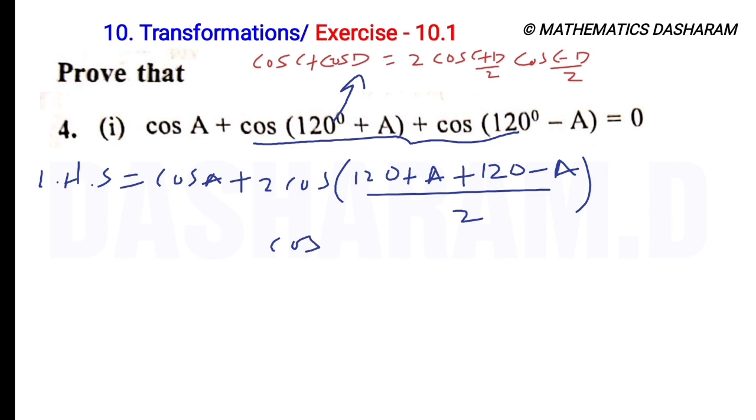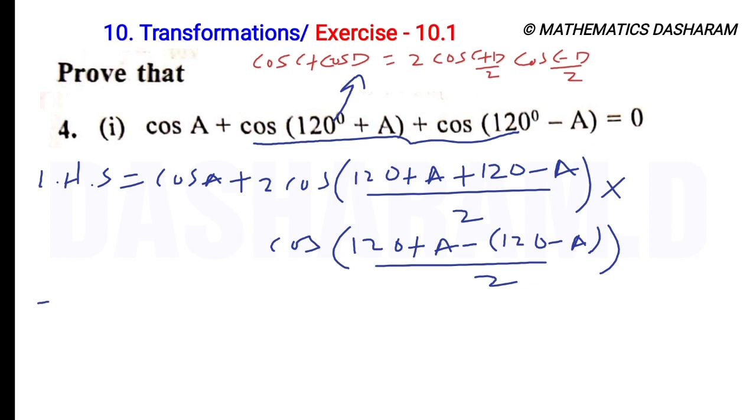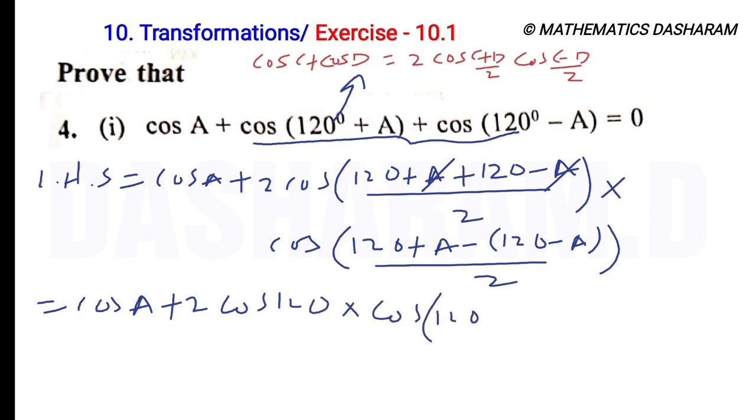So cos 120 plus a, here minus bracket of 120 minus a, by 2. So it is equal to cos a, plus a minus a cancel, 2 into cos 120 plus 120, 240 by 2, it is 120 degrees, into cos 120 plus a.